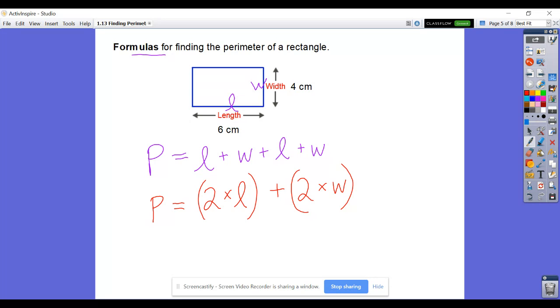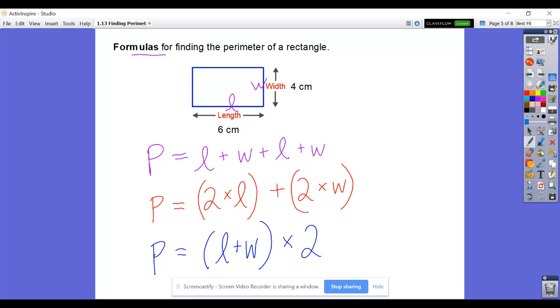And Mrs. George's formula, my formula, was I said perimeter equals L plus W times 2. Right, I did L plus W first, and then I multiplied that by 2.